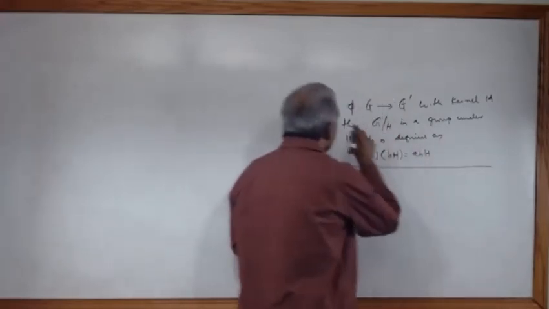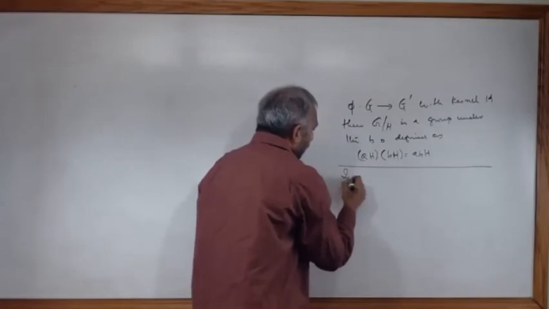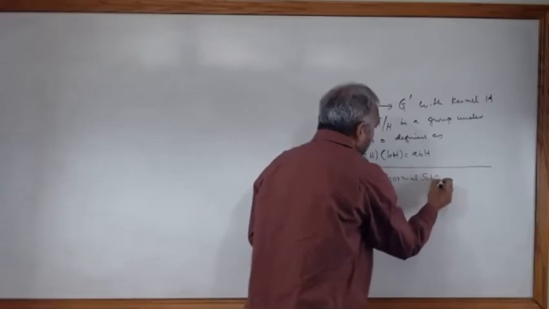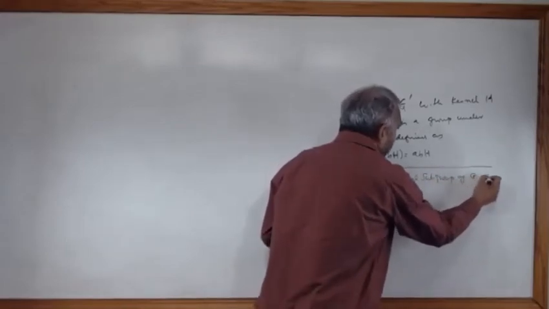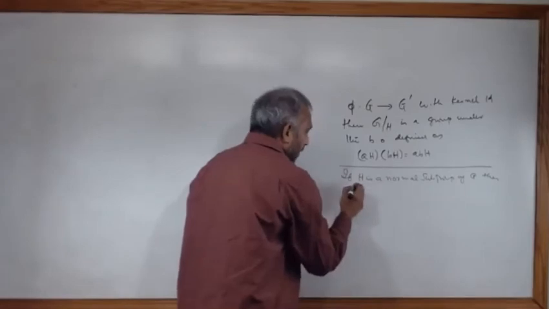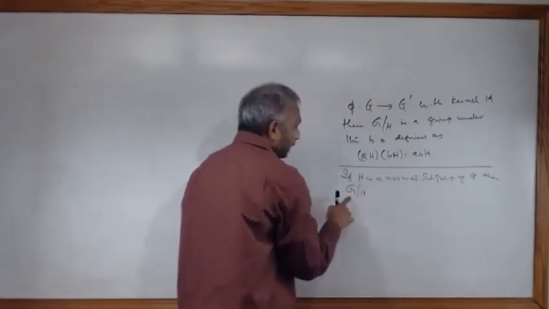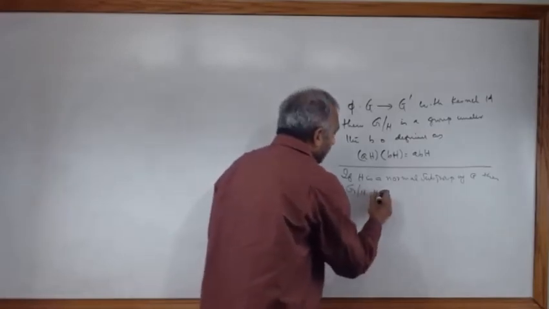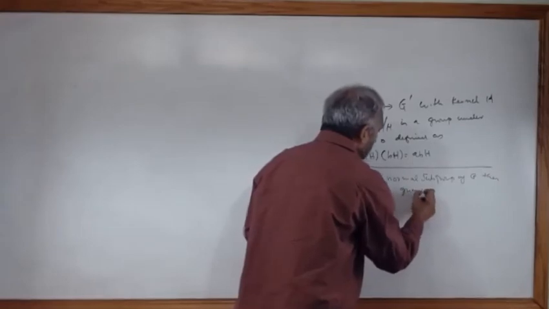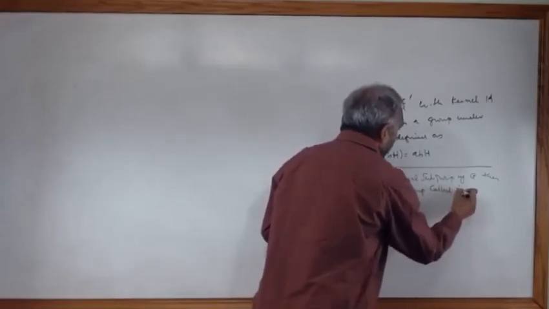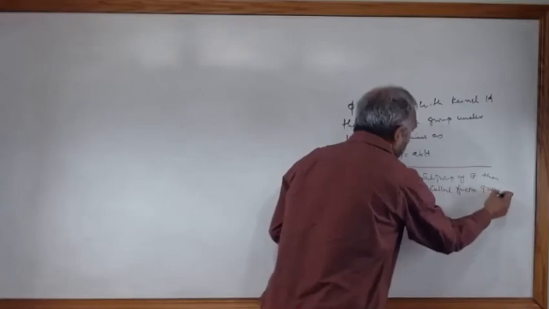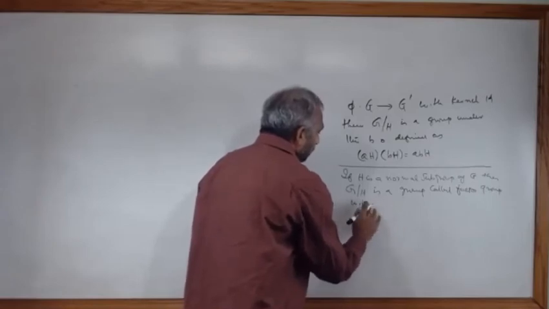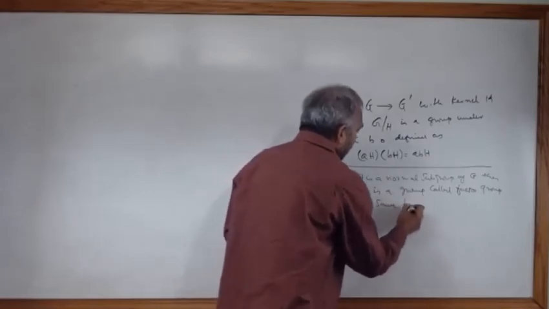Now without using homomorphism, if H is a normal subgroup of G, then again G over H, the collection of all cosets of H in G, is a group called factor group or quotient group with the same binary operation.